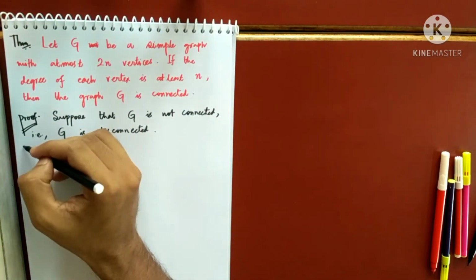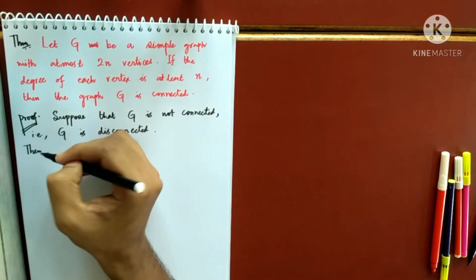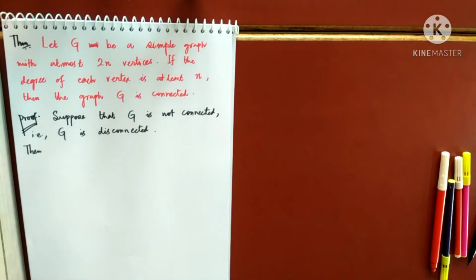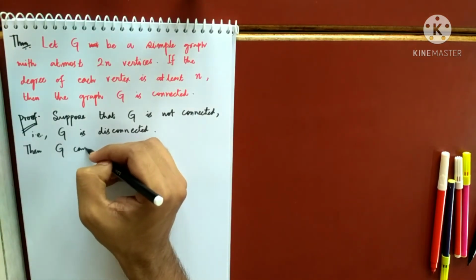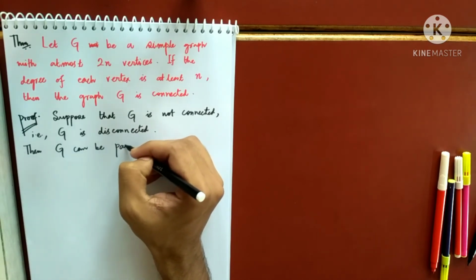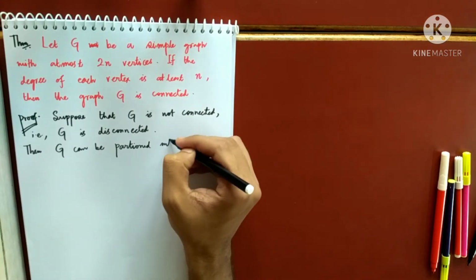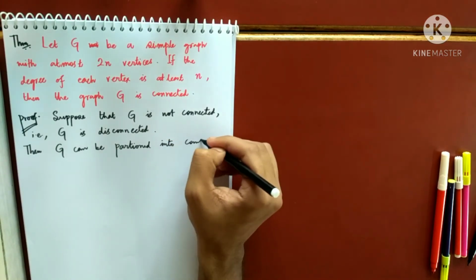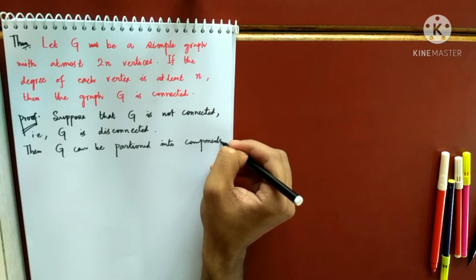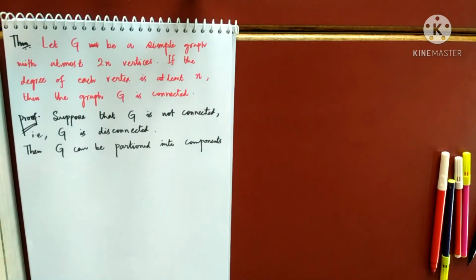Then what will happen? Because my graph G is disconnected, it will have some components. Any disconnected graph has a finite number of components. So then G can be partitioned into components. I have already explained what I mean by components and how G can be partitioned into components.